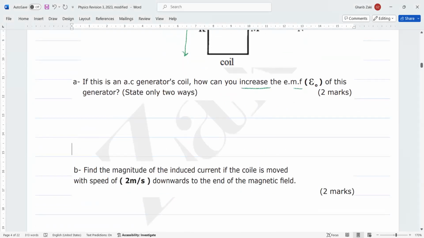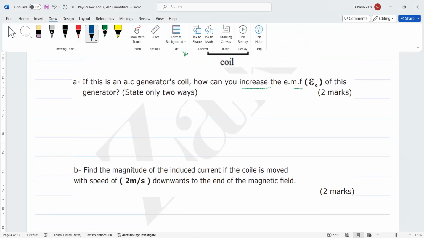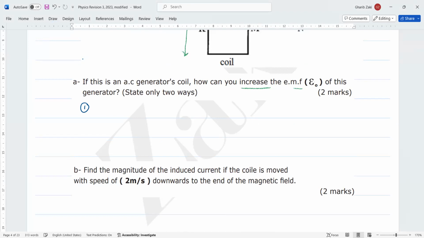Now. Yeah, thank you, Mr. Yes, welcome. Now, here, to increase the EMF induced, number 1, use coil with more turns N, we increase the number of turns.